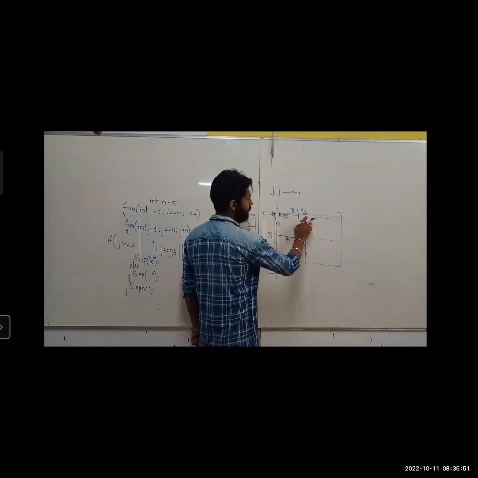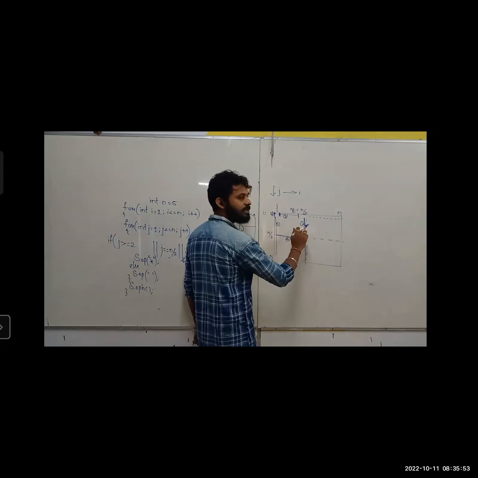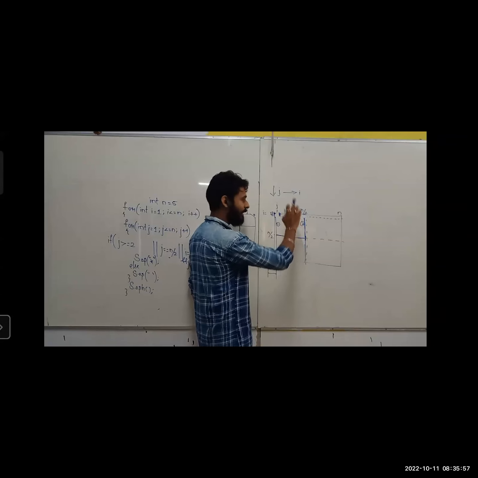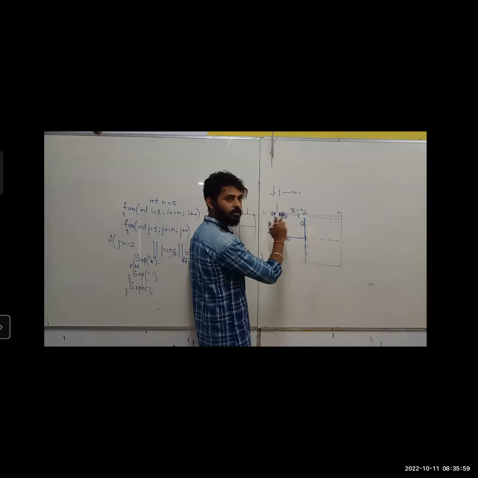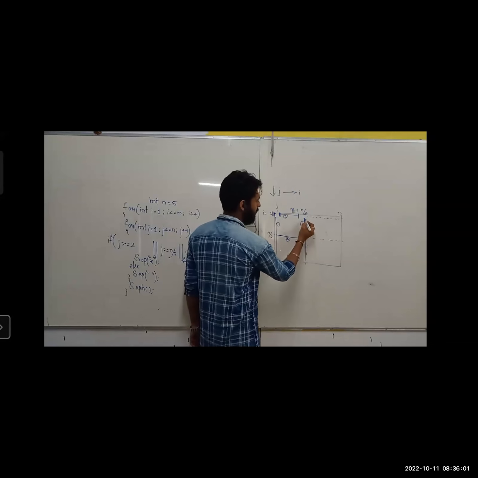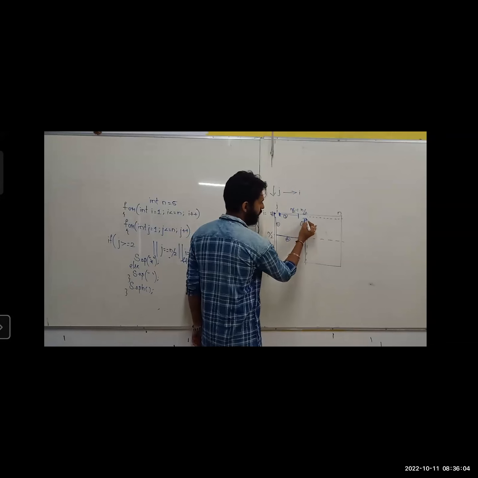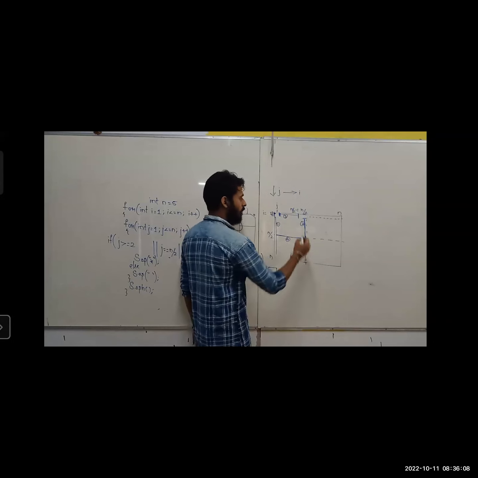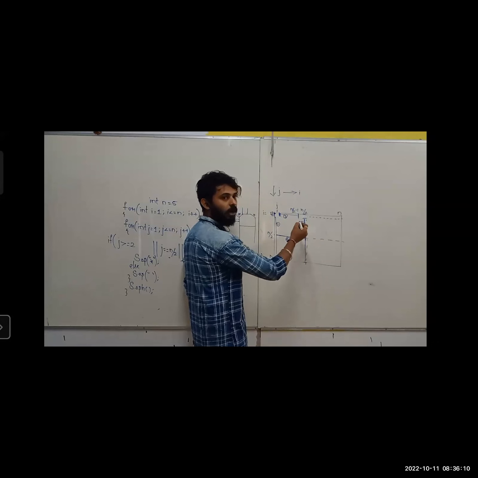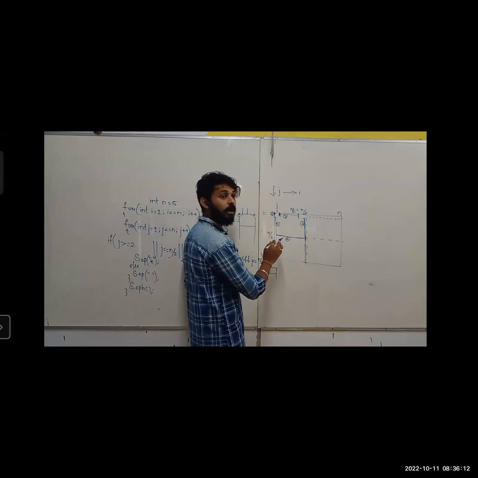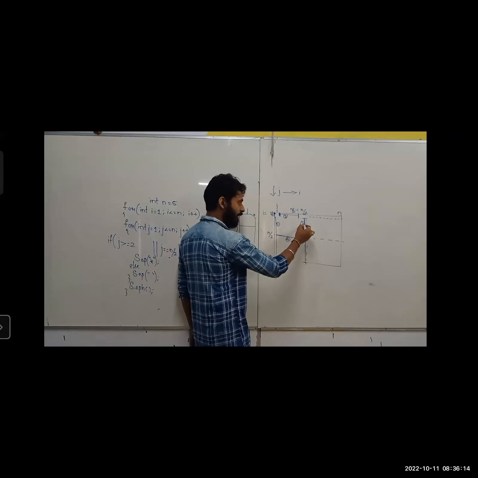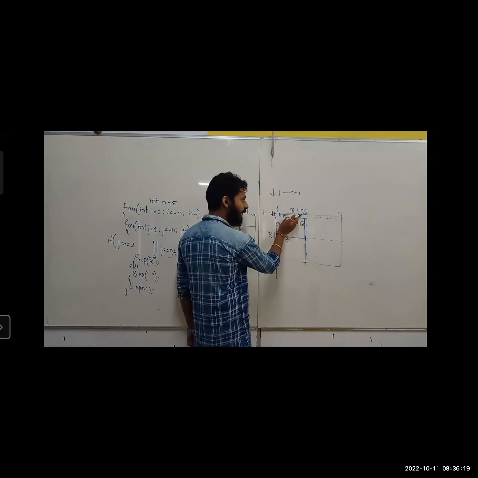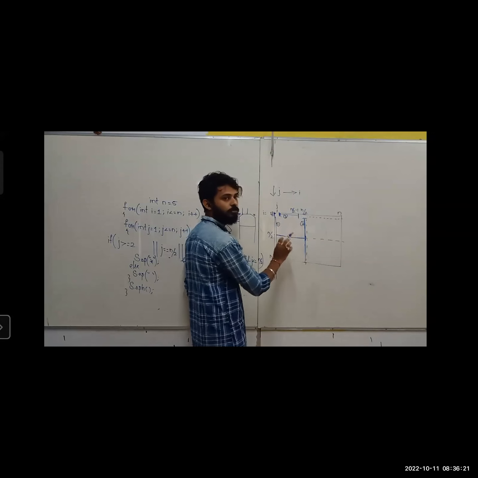First position I should remove. Means if I'm erasing also, how am I erasing? Am I erasing vertically? Horizontally only I'm erasing. Means I want to start from here till here. Horizontally I'm limiting. Horizontally I'm limiting means what? J should be equal to n by 2 only. But I should be greater than or equal to 2.